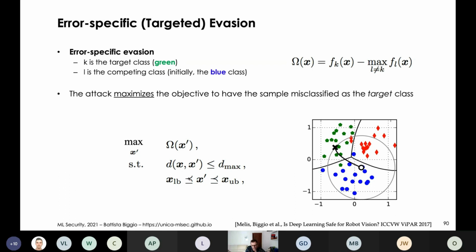It could be 0 to 1 if you rescale images, of course. But you can also say there is a pixel that I don't want modified, which has the value of 10. Then for that specific pixel, I can set the lower bound and the upper bound to 10, which will impose that my solution can only have 10 as the value for that pixel.